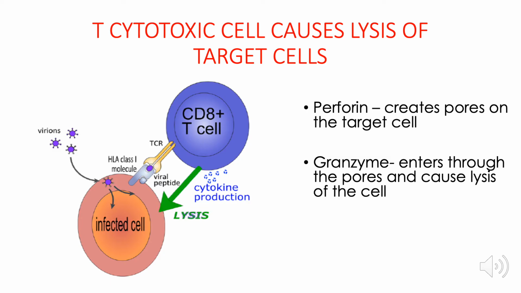So the T cytotoxic replied, how can I kill something that is inside you without killing you first? So if class 2 MHC antigen presentation will result in antibody production, the usage of class 1 in antigen presentation will lead to the lysis of the virally infected cell.